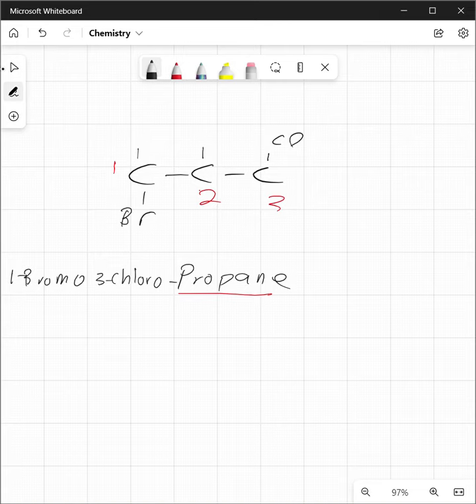Okay, so I'm going to throw another one up here. I'm just making something up. Okay, you tell me, you walk me through it. What's your carbon backbone?